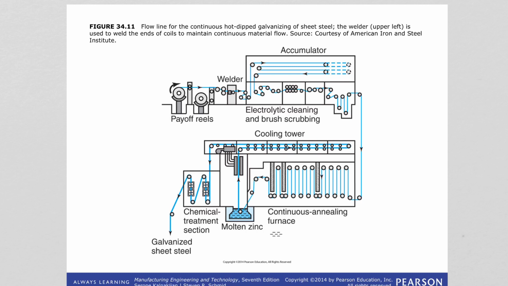The sheet is then annealed in a continuous furnace with controlled atmosphere and temperature and dipped into molten zinc at about 450 degrees, and the thickness of the coating can be controlled by whipping action from a stream of air or steam. We are seeing the flow line for this process here.